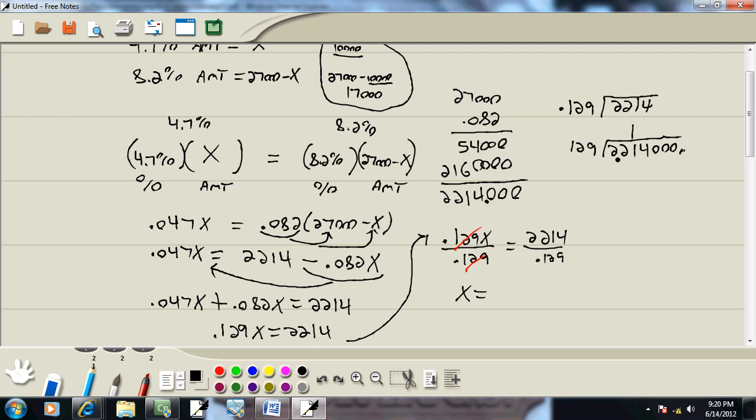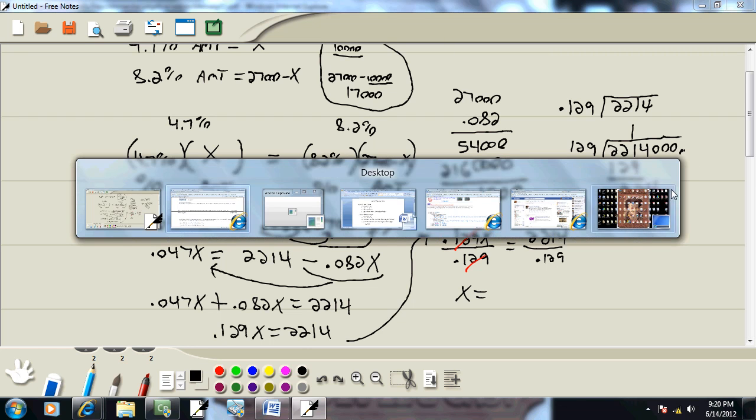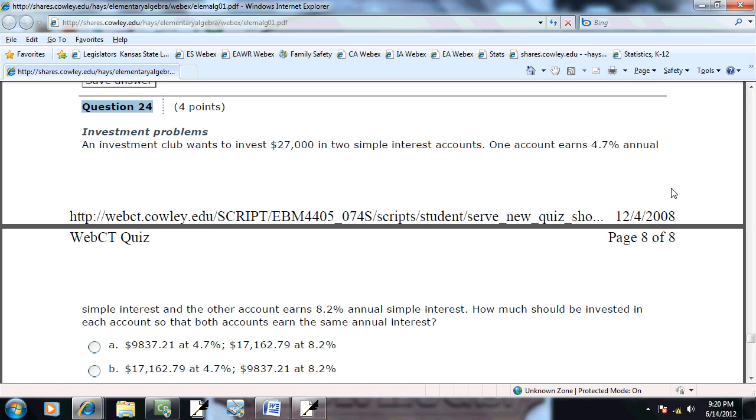It goes in there once. 9, 129. Carry down the 4.